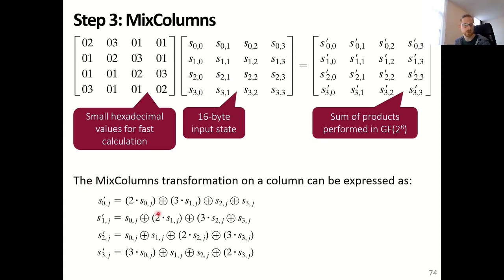And that's what you see here. It's a basic matrix multiplication.